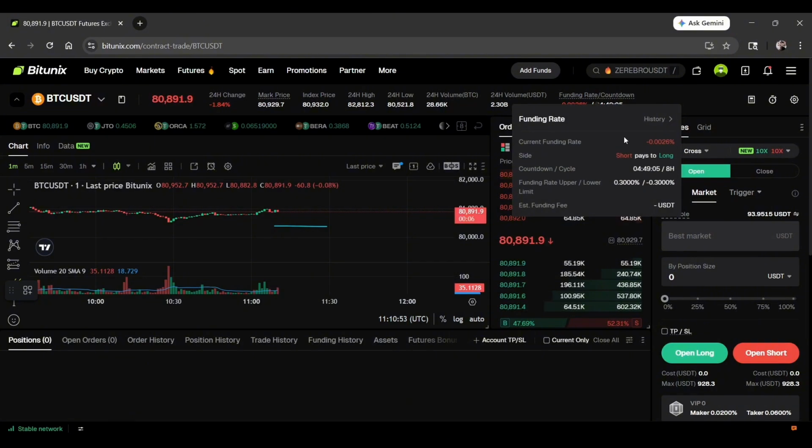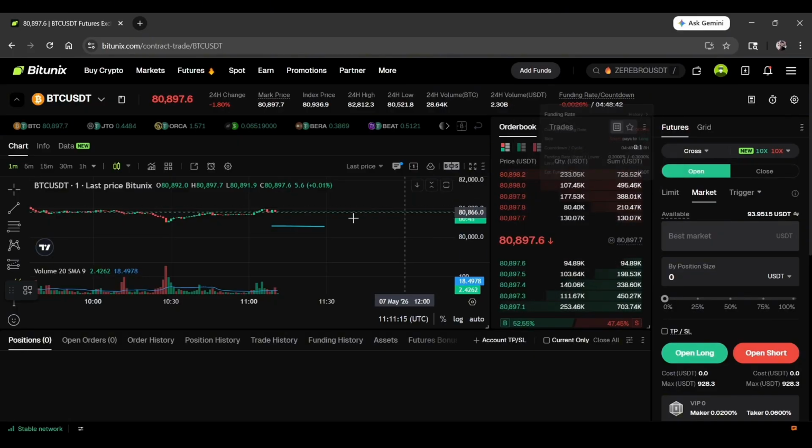So if you're currently short, you will have to pay your position size multiplied by whatever this value is, and whatever that value is, that gets redistributed to people who are currently long, right?